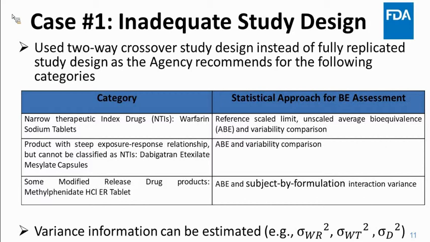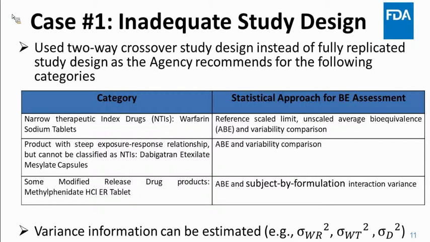2, like dabigatran capsules, it has demonstrated a steep exposure response relationship for both safety and efficacy. Therefore, the reference scale BE should not be used to widen the BE limit.